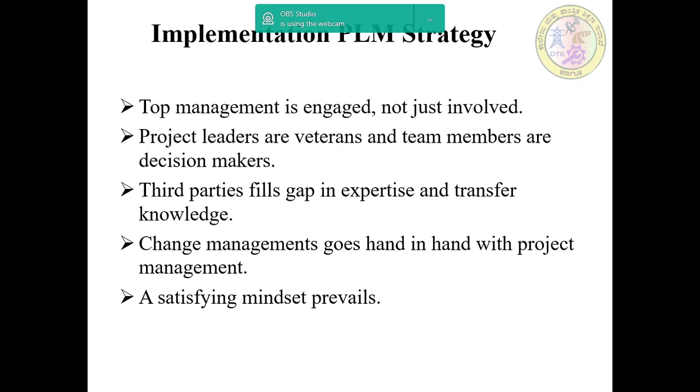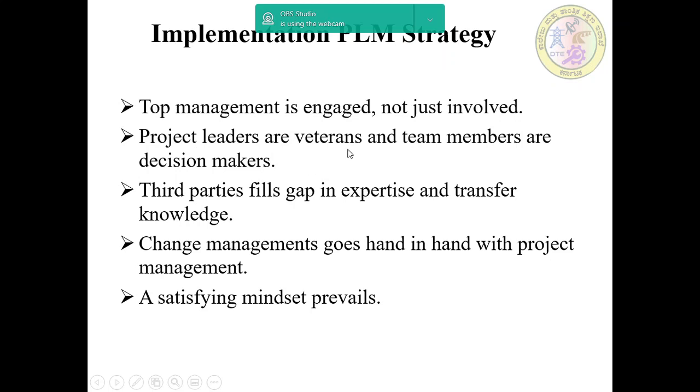There are 5 success factors that are isolated from companies that were successful in enterprise resource planning, the ERP project, against those that were not successful. In implementing a PLM strategy, these are the main factors to be considered, and these are the main 5. First, top management is engaged, not just involved.